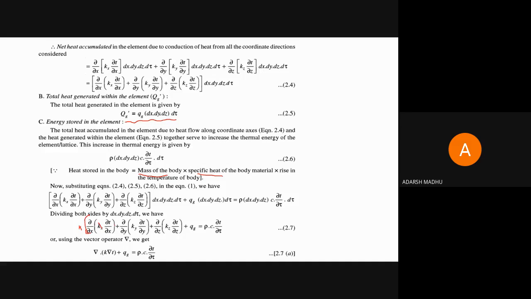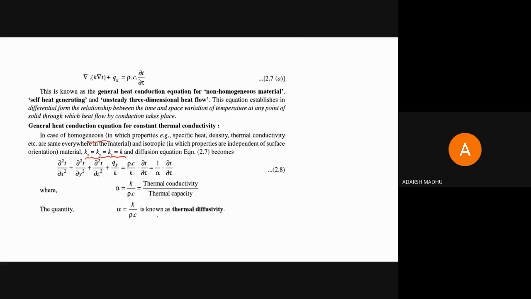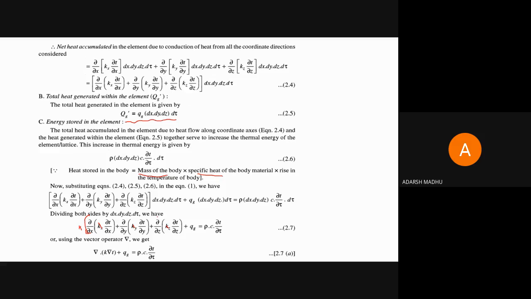We write the equation as k into dou square T by dou x square plus dou square T by dou y square plus dou square T by dou z square, plus qg equal to rho c into dou T by dou tau. K is taken outside. Divide the whole equation by k.